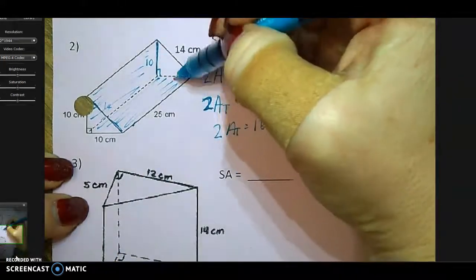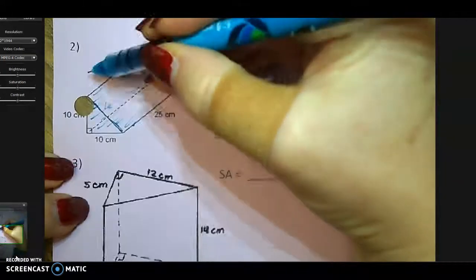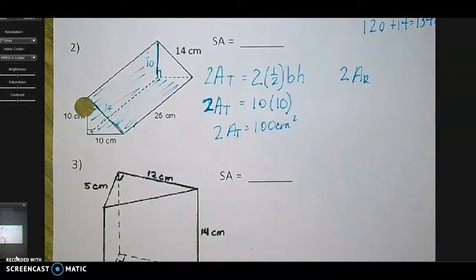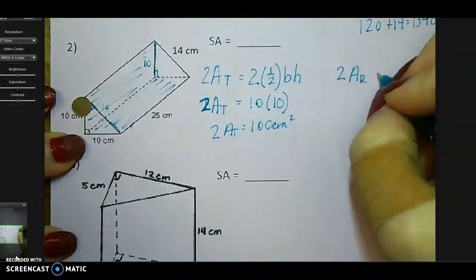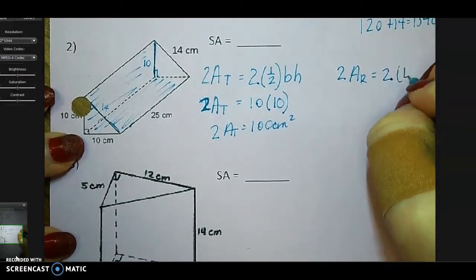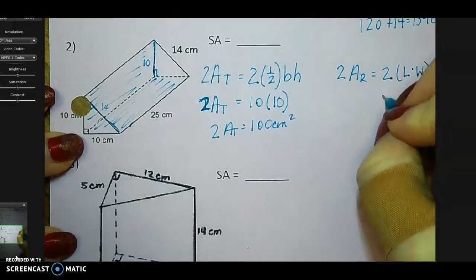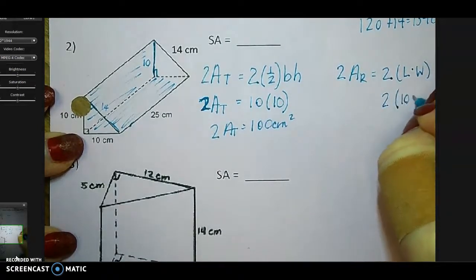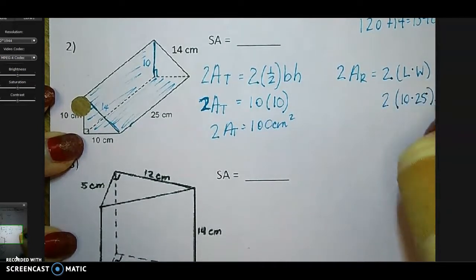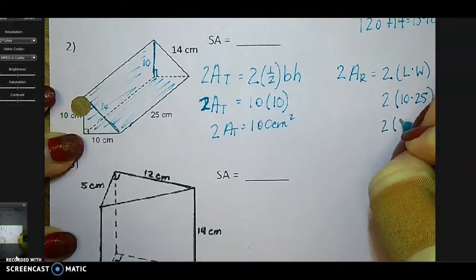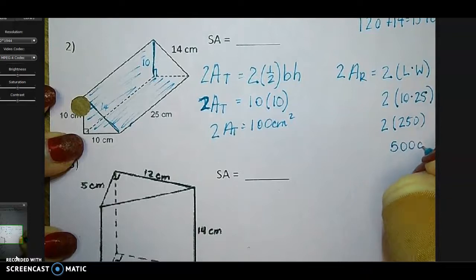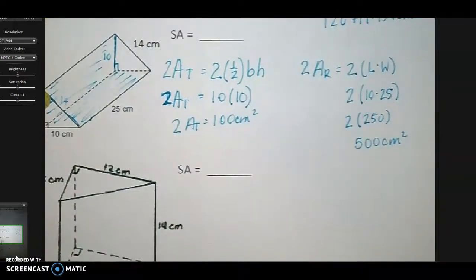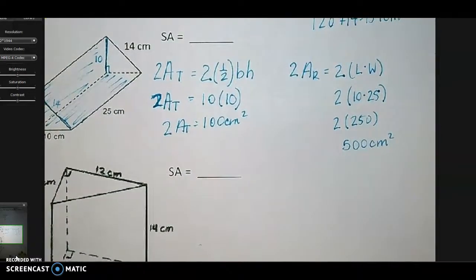And then if I were to take a look at this big one up here on the top of it, we can see the side that would be facing us is going to be different. So for those two at the bottom, I've got 2 times the length times the width. So I have 2 times 10 times 25. So I have 2 times 250. So those two rectangles that are the same have an area of 500 centimeters squared.